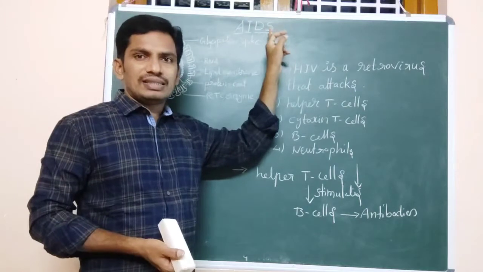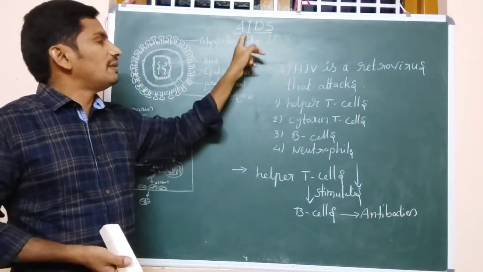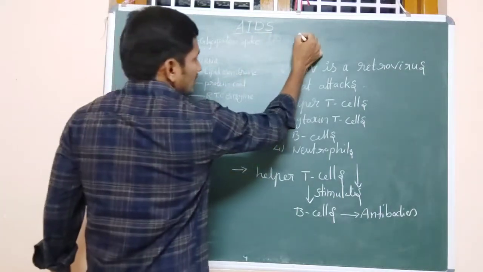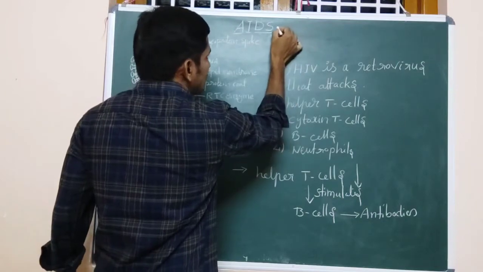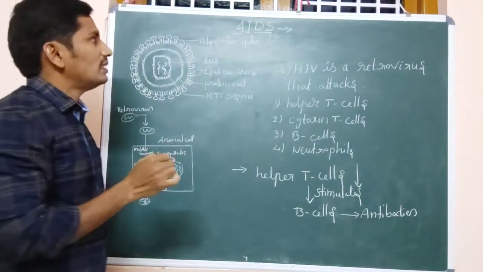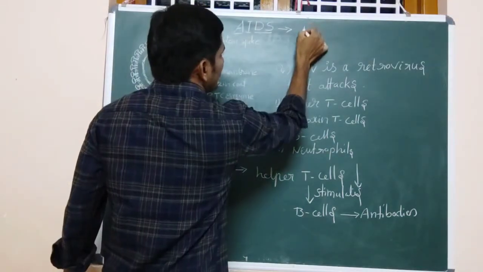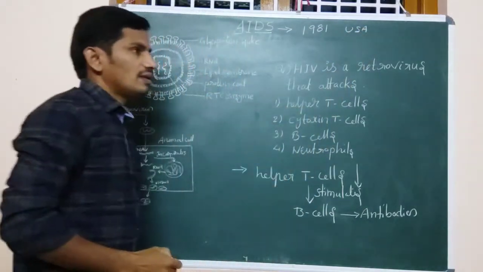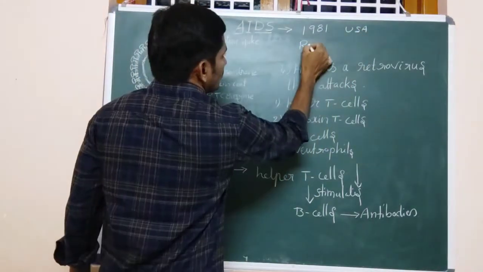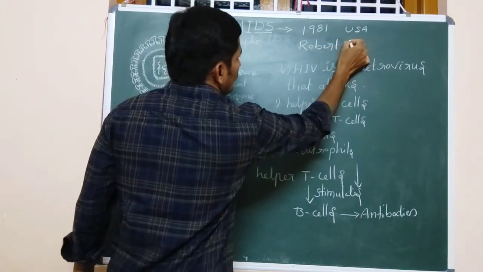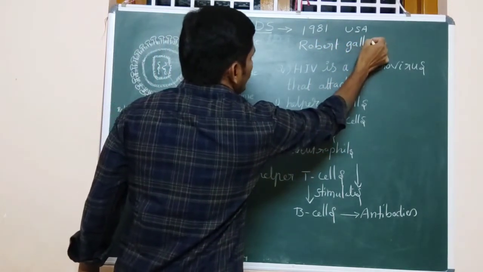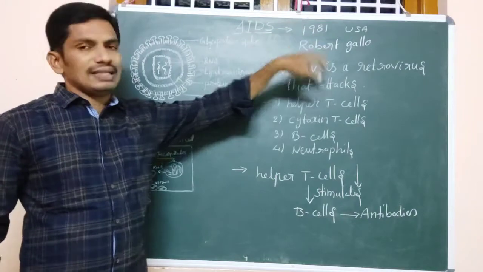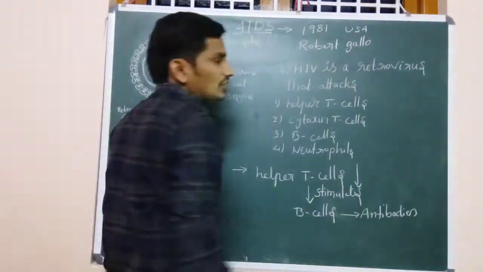Now we are going to learn about AIDS. Acquired immunodeficiency syndrome is the complete abbreviation of AIDS. The AIDS disease was first noticed in 1981 in the USA by Robert Gallo at the National Institute of Cancer.